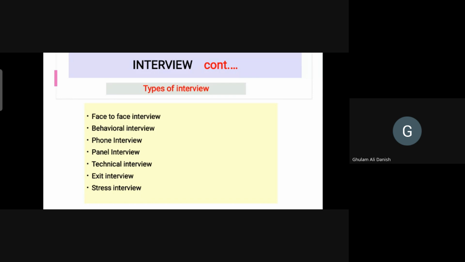They will put you into a situation where they pressurize you, and they just want to know how you are going to behave. They are very tricky interviews also. It doesn't mean that we will very comfortably go in front of the interviewers and they will ask only the questions which we know.